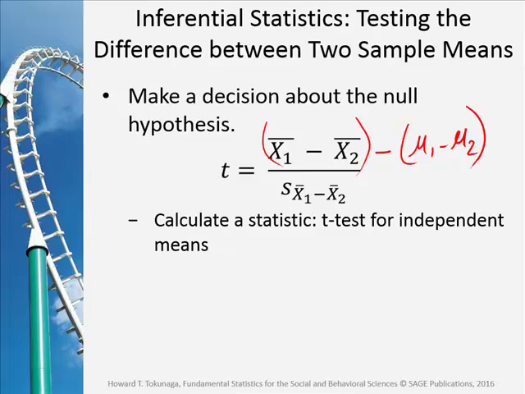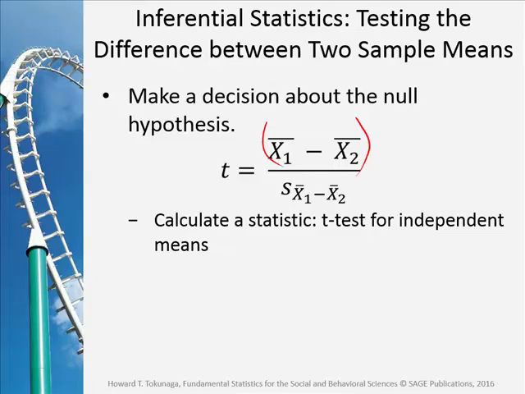So we expect mu1 minus mu2 to equal what? 0. So we don't even need to put it in the equation. It's just gone. Because whatever you have minus 0, it's what you have. Okay?